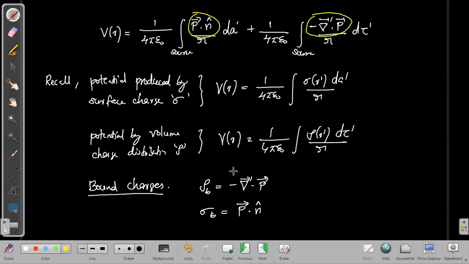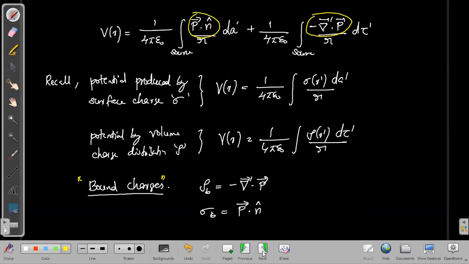These charges are not free charges, so we have to differentiate the free charges from the charges produced within the insulator due to the polarization. We gave a new name to them: bound charges. Rho b is minus divergence of P, and sigma b is P dot n.